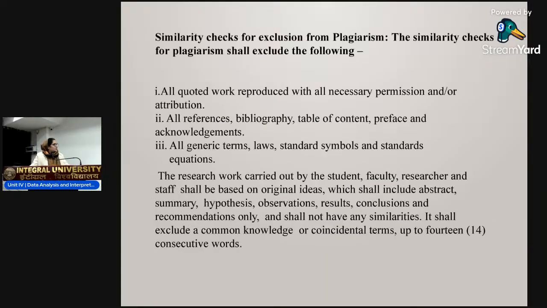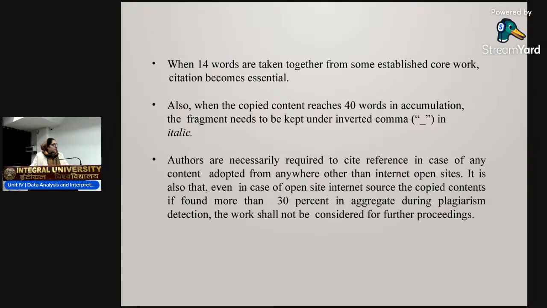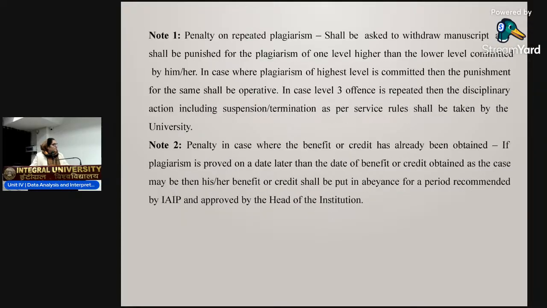So I guess we are now well acquainted with the penalties, are we? Right? And we are also well acquainted with the processes that an institution has to undertake whenever there are allegations of misconduct.